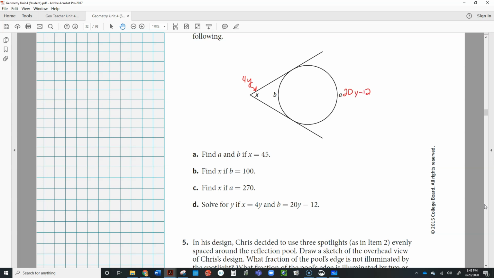We're going to have this one also in terms of y, because remember our formula is the angle is equal to half the big arc minus the little arc. We're going to have to plug in these values, but we can't have a B in there, because then we'll have a y and a B.